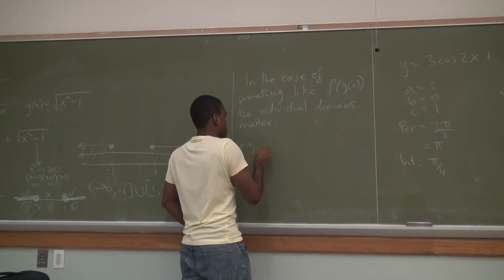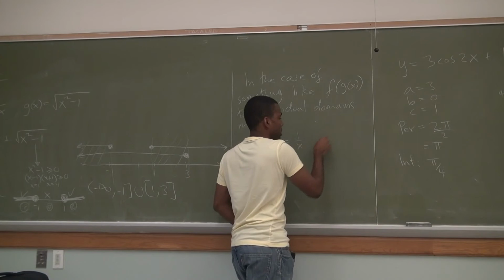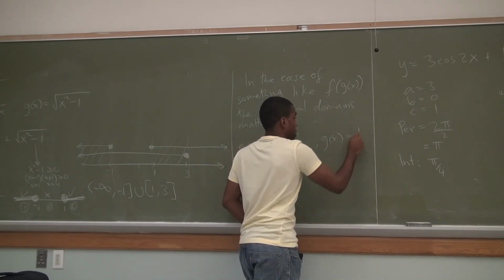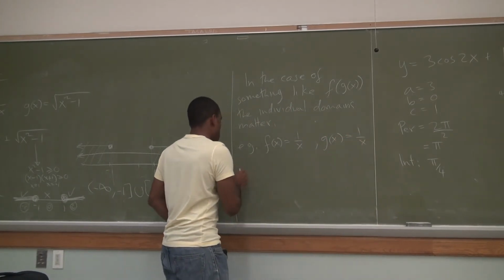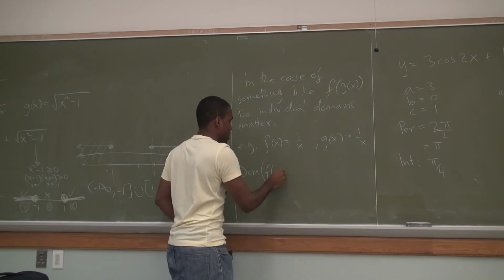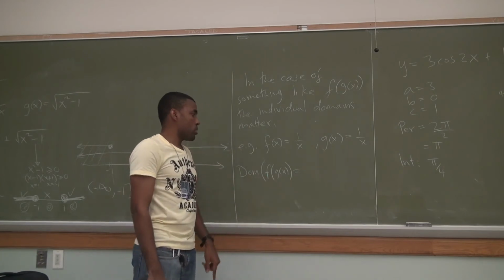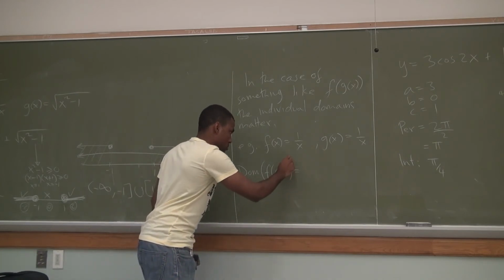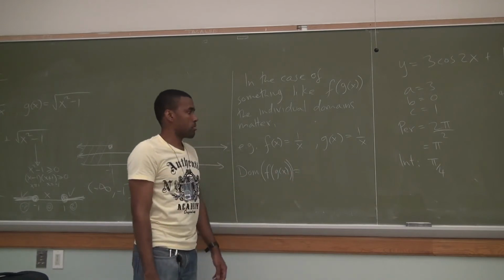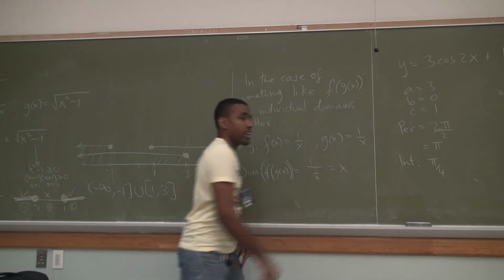For example, let's say f of x is 1 over x and g of x is the same. If I ask you what is the domain of f of g of x, what would that look like? It would look like 1 over 1 over x, which you'd simplify as x.